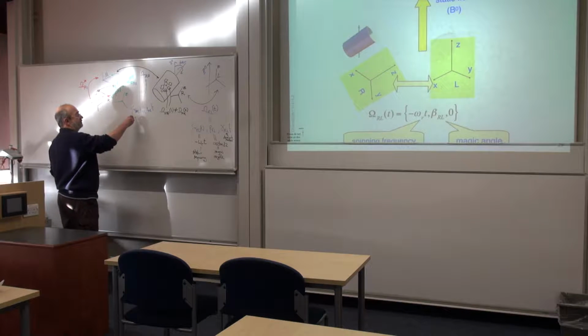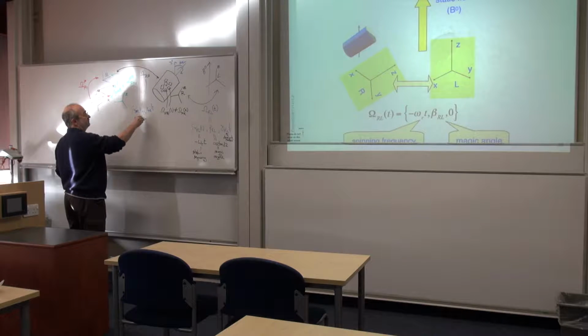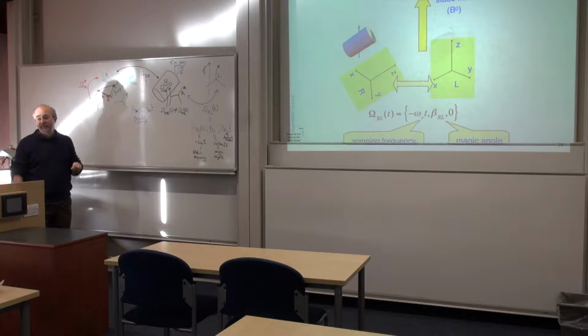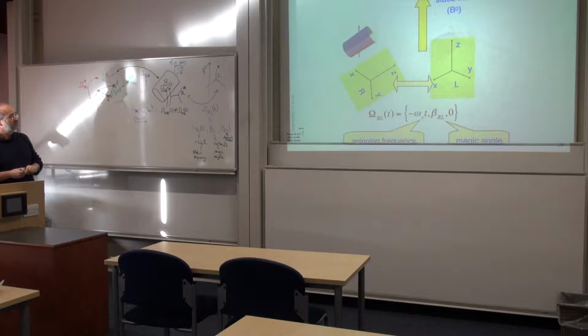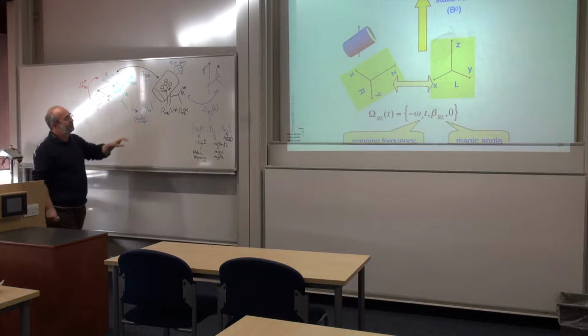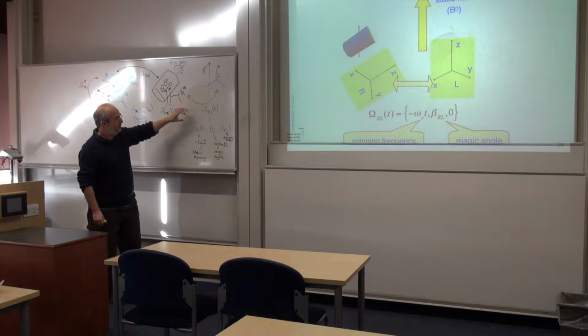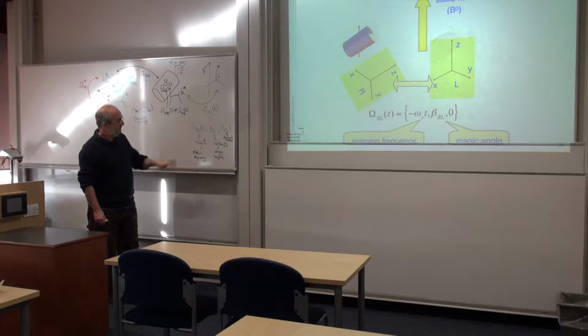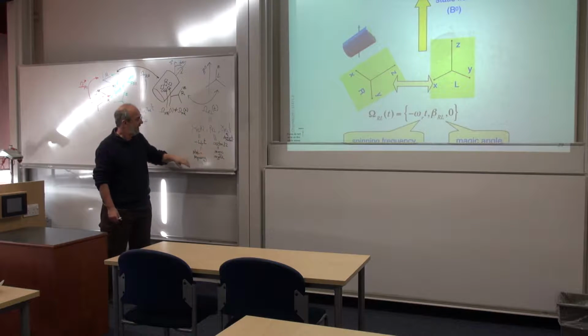So the powder average refers to this set of 3 angles. And then the rotor frame rotates in a very nice coherent way with respect to the lab frame to some simple angles.